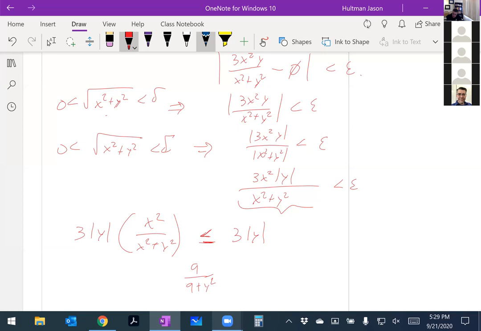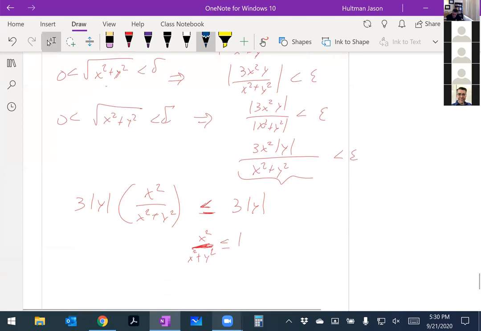Well, that's always going to be less than or equal to 1. Does that make sense? Okay, so x squared over x squared plus y squared is always less than or equal to 1. Oh, okay. It's bigger than 0, less than 1. Okay, make sense?